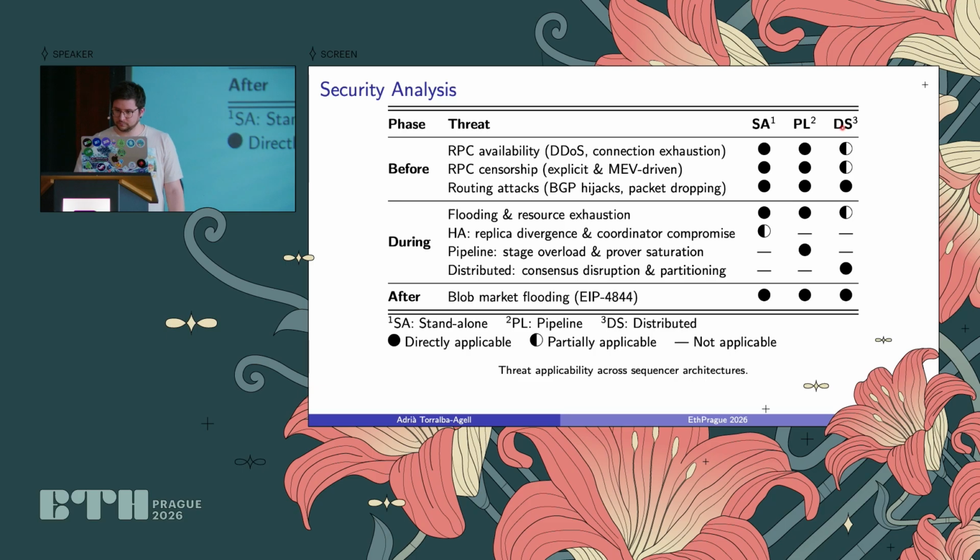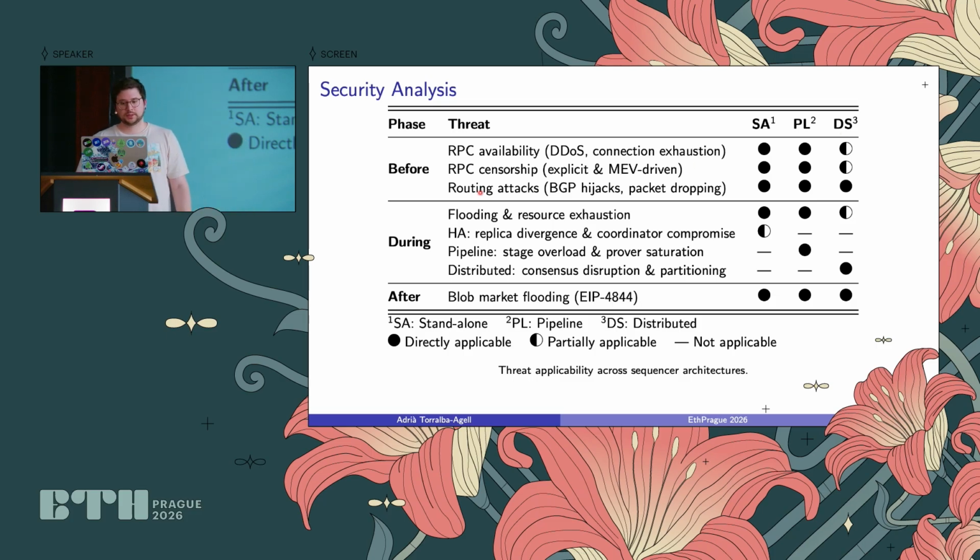However, on the distributed sequencer, since you are starting to be decentralized, if you are decentralized enough, in the sense that you don't have maybe 8, 12 nodes, but you have thousands of nodes and sequencers that are synced and talking together, it may be unfeasible to hijack and to flood or RPC attack all these nodes at the same time.